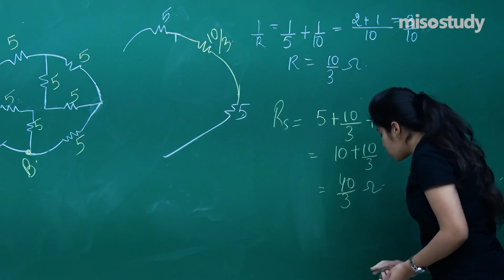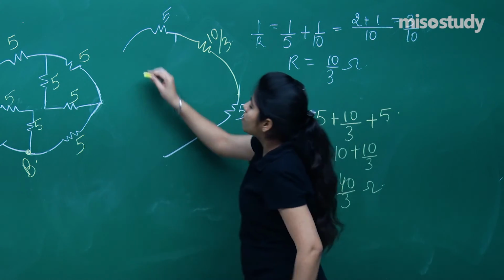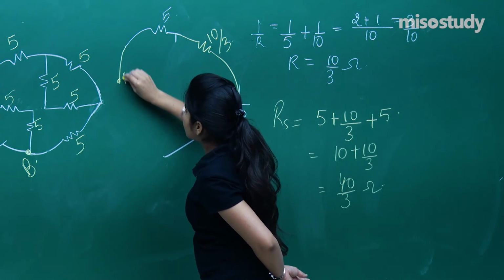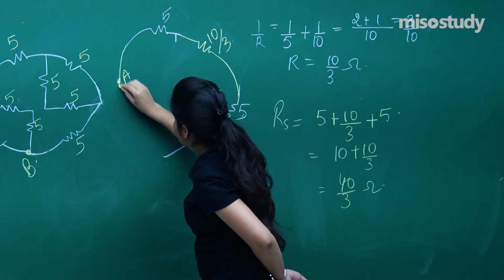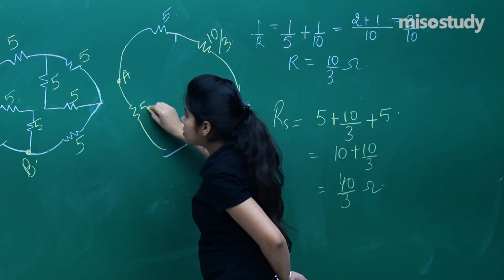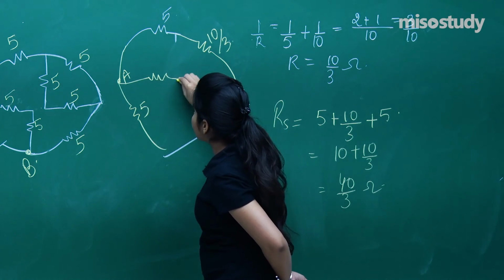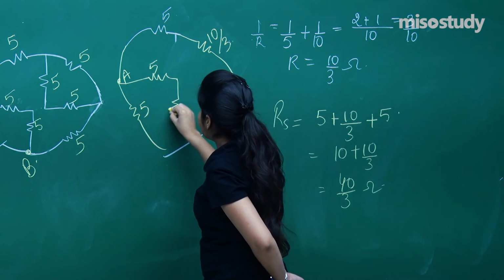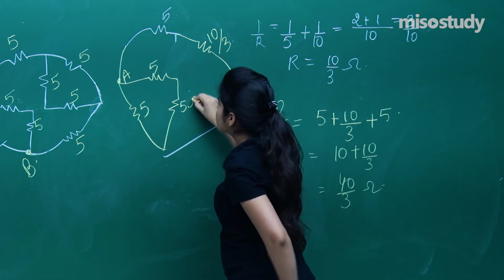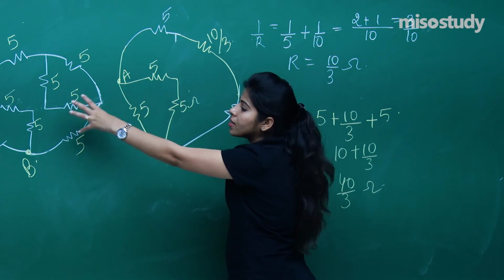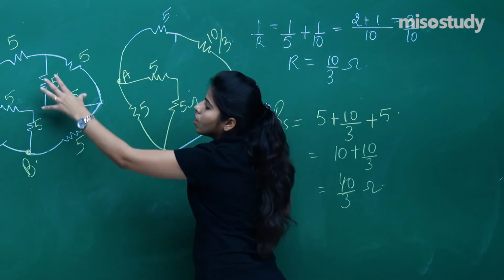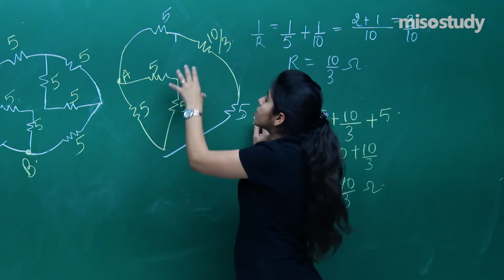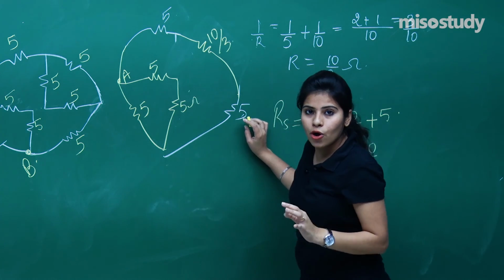Now what I am going to do is make it more clear for you. Say this was point A, here it was a 5 ohm resistance, and it was again a 5 ohm resistance, isn't it? Now I have drawn this diagram that has been shown over here. All this resistance has been converted into 40 by 3 ohm resistance.